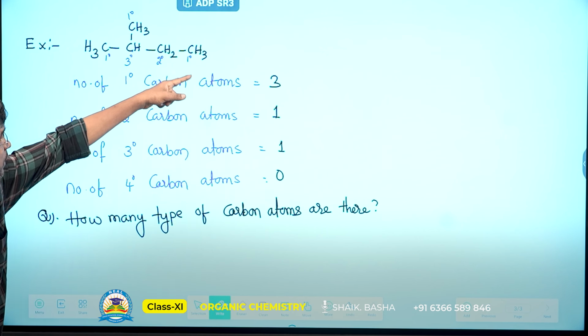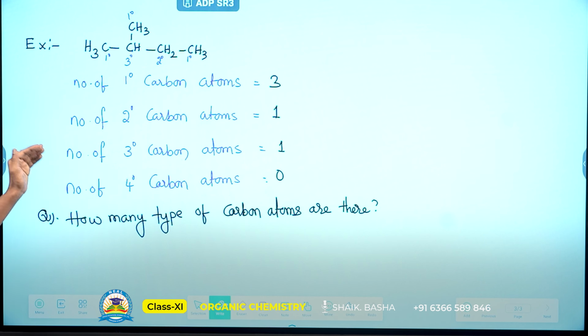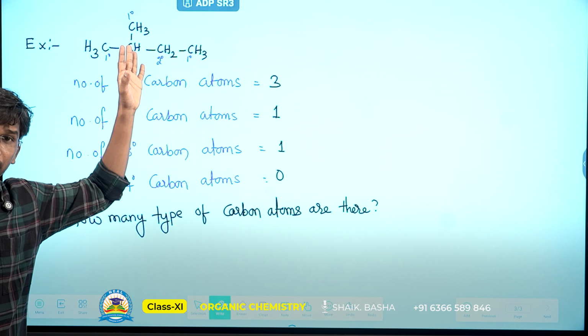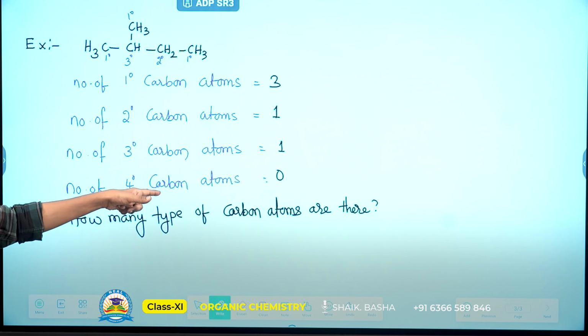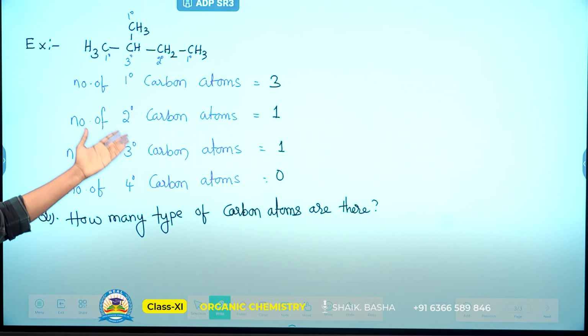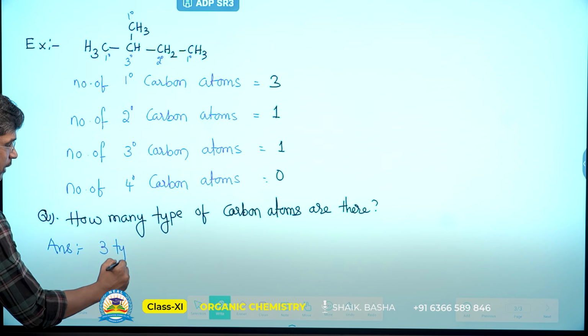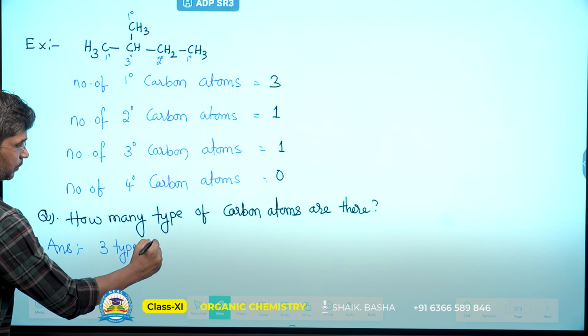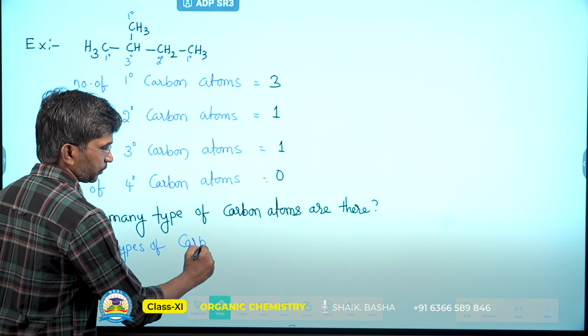Here, 3 primary carbon atoms are there. 1 secondary carbon atom is there. 1 tertiary carbon atom. Total 3 types. What are those? Primary, secondary, tertiary. But in this, quaternary carbon is not available. So what is the answer here? 3 types of carbon atoms are there.